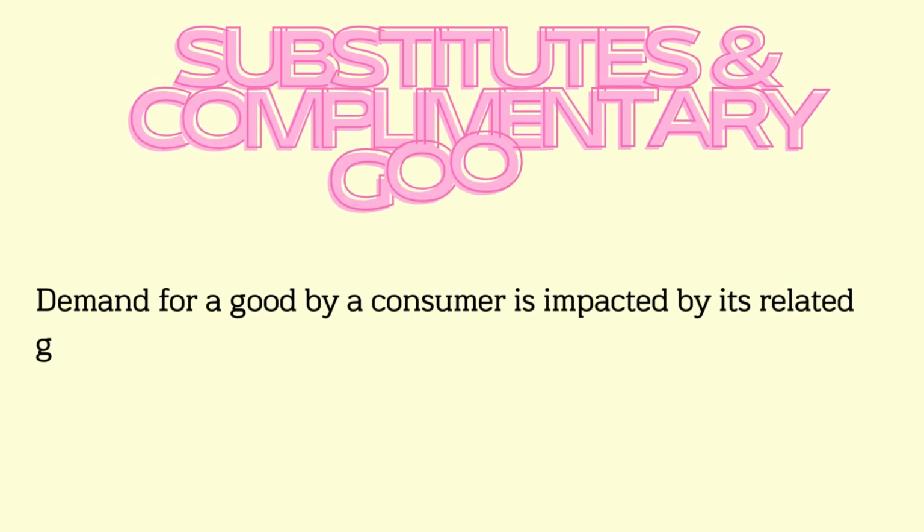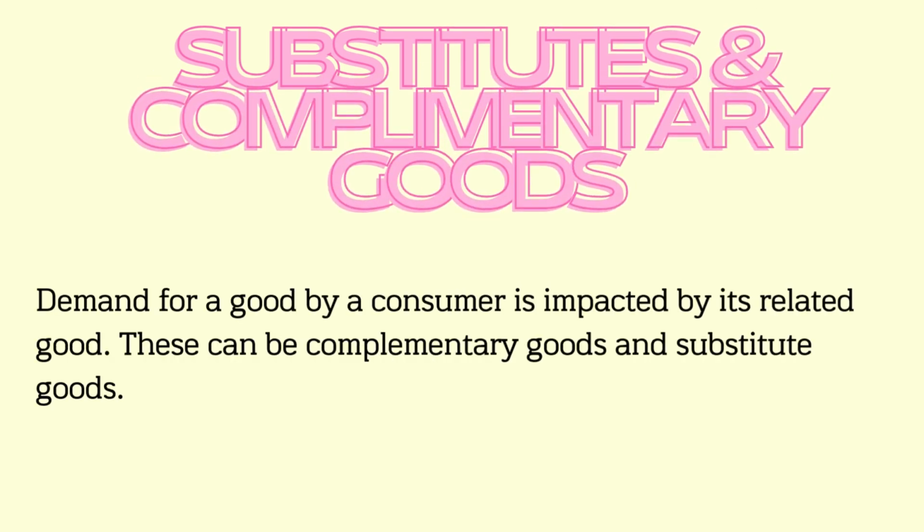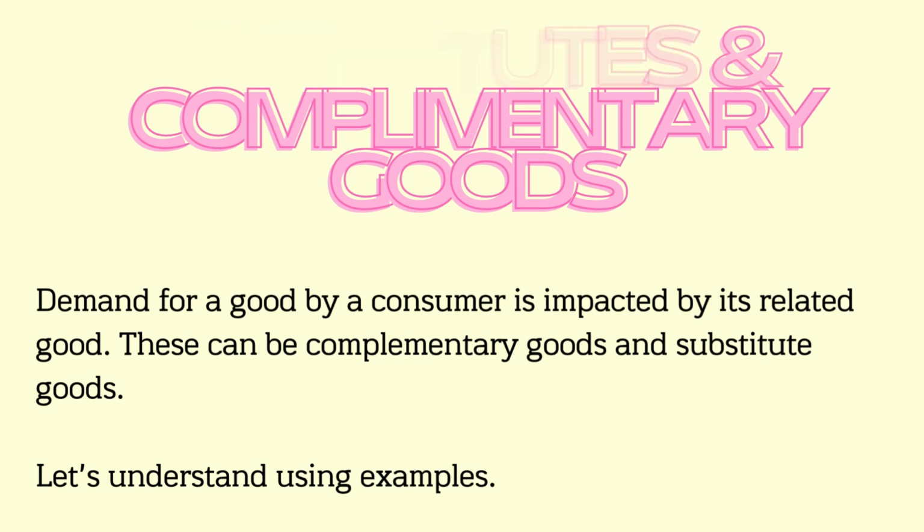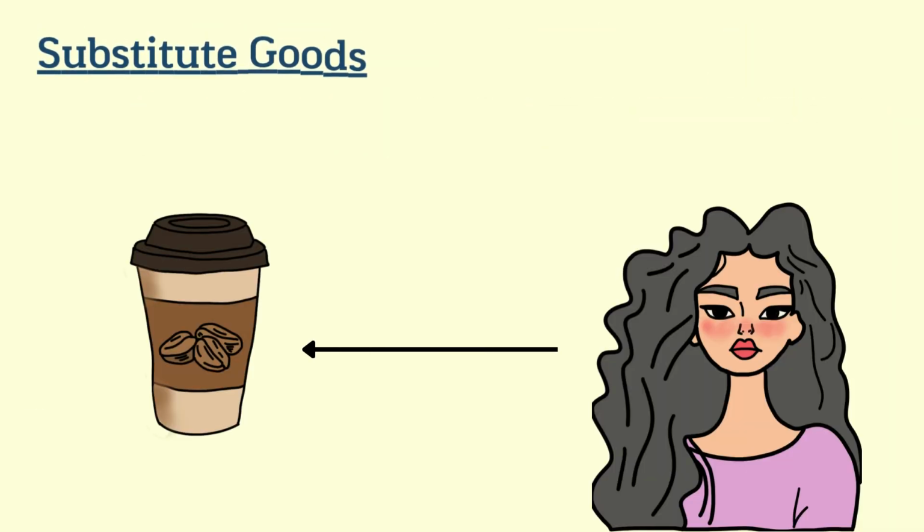We can also see how demand for a good by a consumer is impacted by the prices of related goods. In this category, we have substitute goods and complementary goods. Let's understand them both with the help of examples. Rita starts her morning with a cup of coffee.